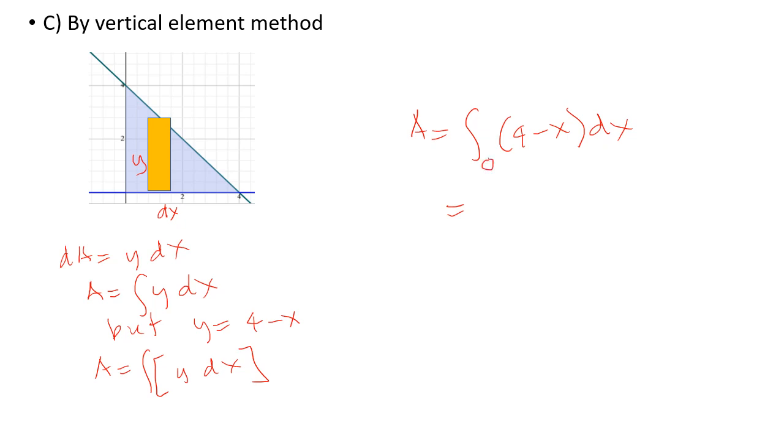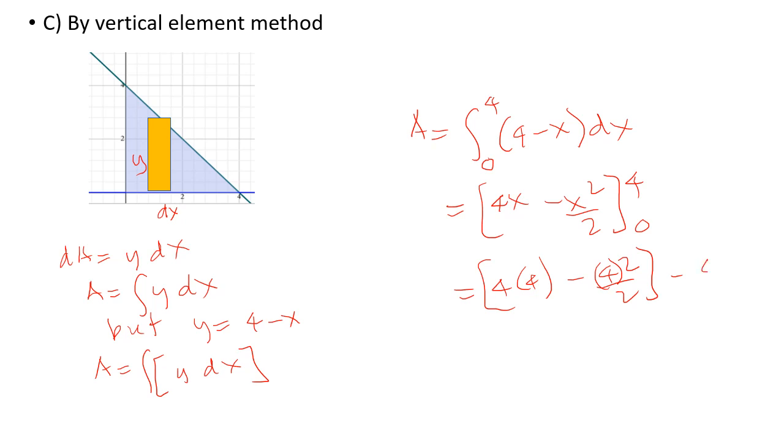So we have the limits 0 to 4, equivalent to 4x minus x squared over 2, from 0 to 4, or equal to 4 times 4 minus 4 squared all over 2. So that one minus, of course, 0, equals 16 minus 8, or equivalent to 8.